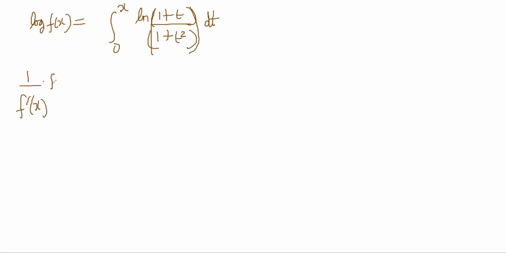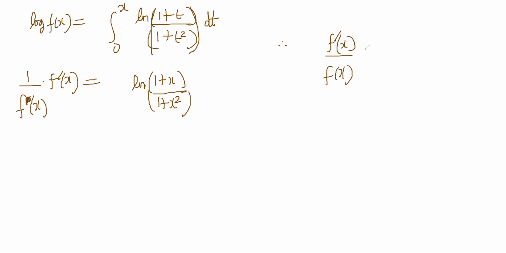So 1 by f(x) times f'(x) is equal to ln(1 + x) by (1 + x²). Therefore f'(x) by f(x) is equal to ln(1 + x) by (1 + x²).